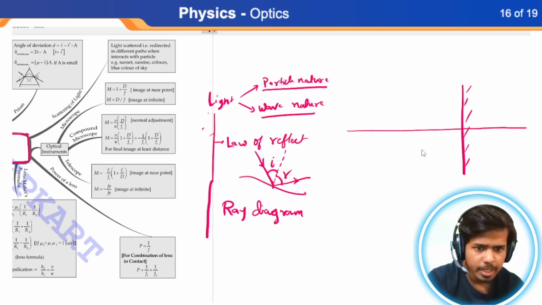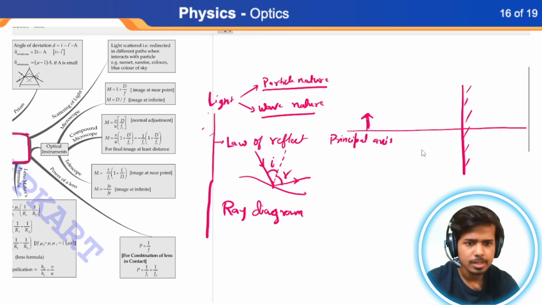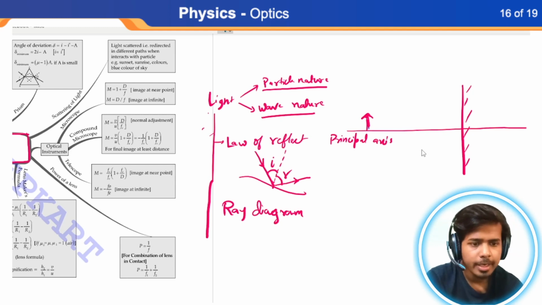We will have a horizontal line which is called the principal axis, and let's say this is the object. I'll draw the light rays. Then let's draw a ray diagram.